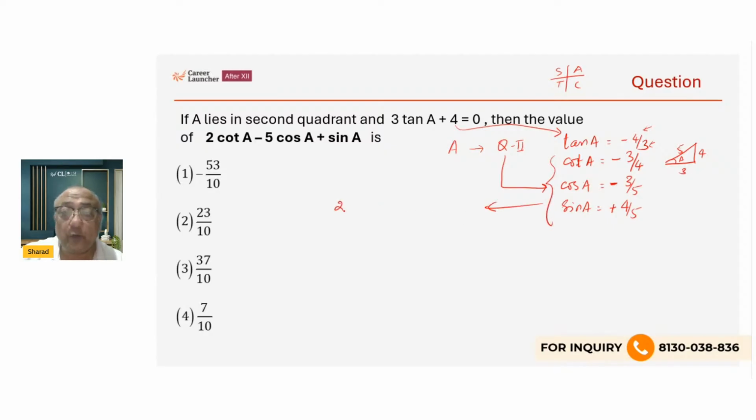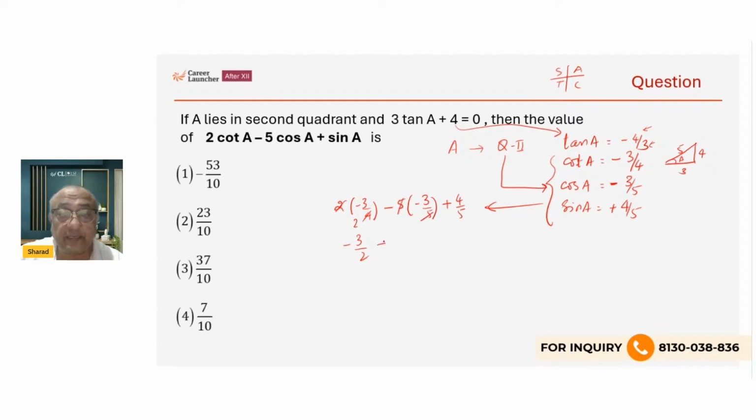I'll put these three values here. So I'll get 2 into minus 3 by 4, plus 4 by 5. Now this is just mathematical operations that will solve this. So let us see what we have here. This will become minus 3 by 2. And this will be 5, and the 5s will cancel.